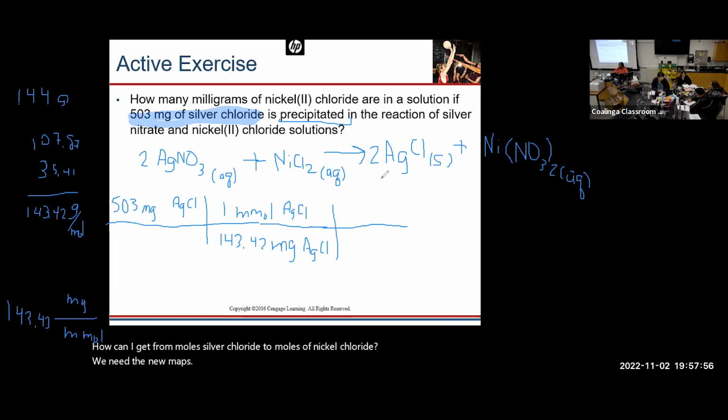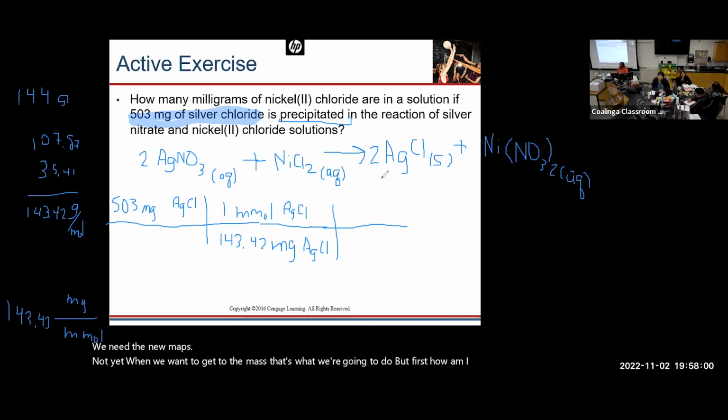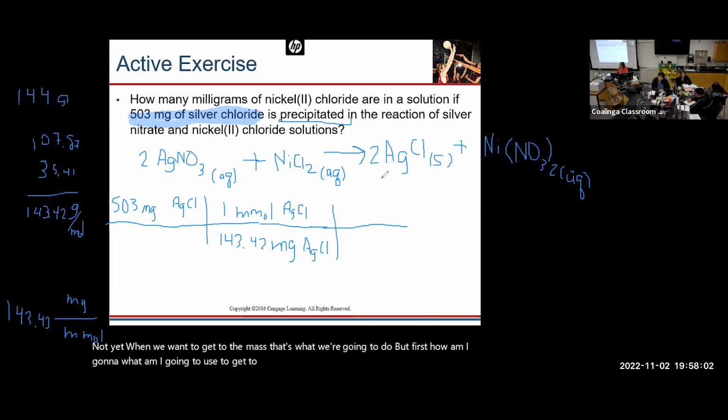Suggestions? Not yet. When we want to get to the mass, that's what we're going to do. But first, what am I going to use to get moles of one to give me moles of the other? We're going to use that ratio from our balanced chemical equation. That's right.